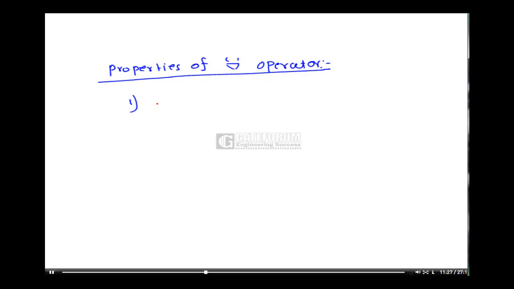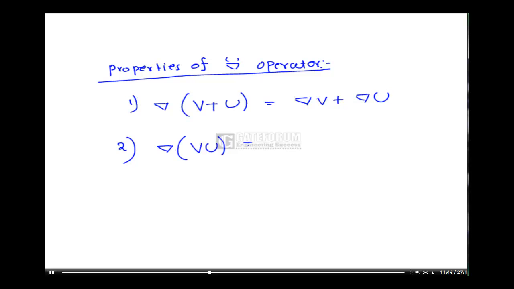First one: del of v plus u equals del v plus del u. Second one: del of v into u equals v into del u plus u into del v.